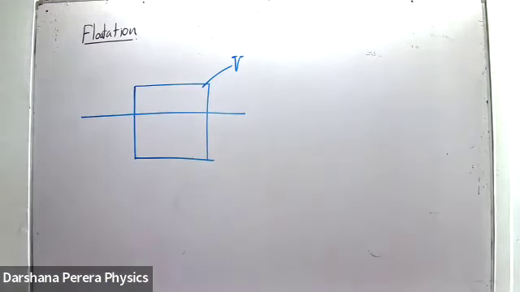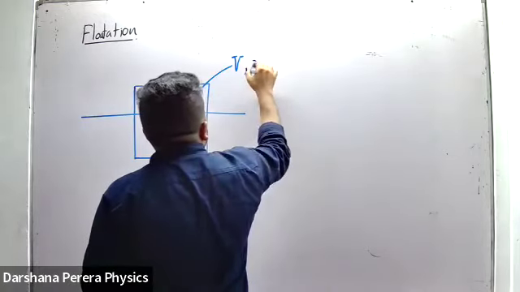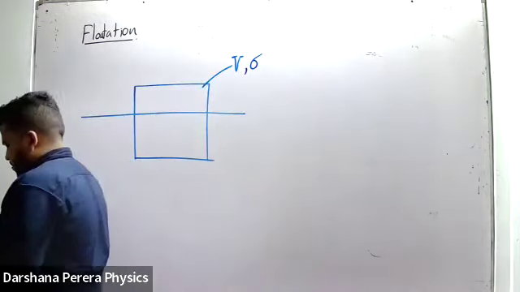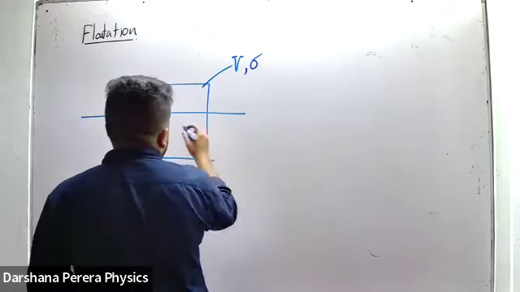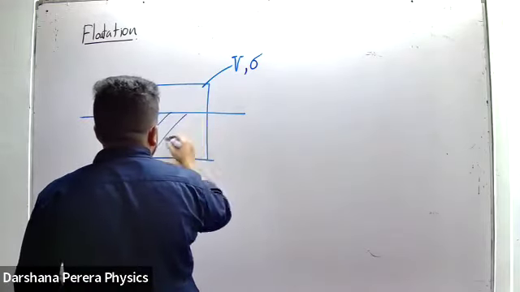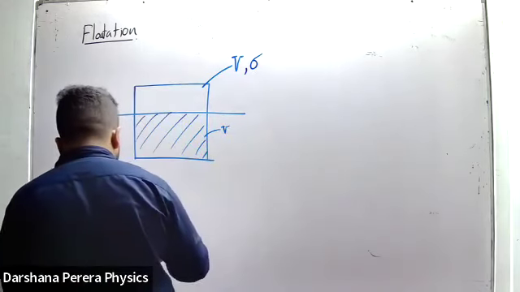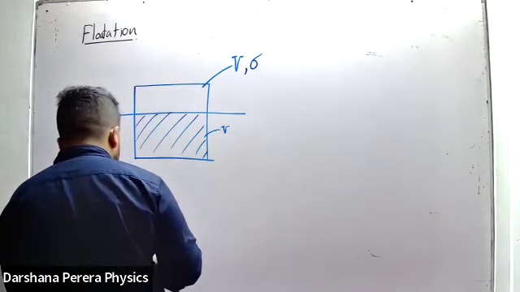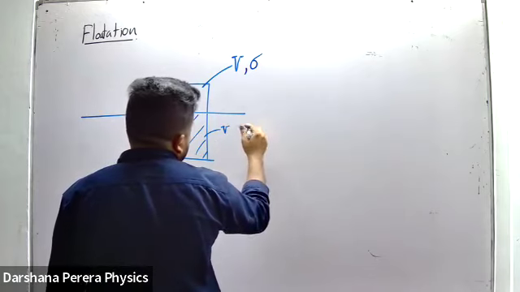Sigma means the symbol is this one. It is submerged to a volume small v in a liquid of density rho.